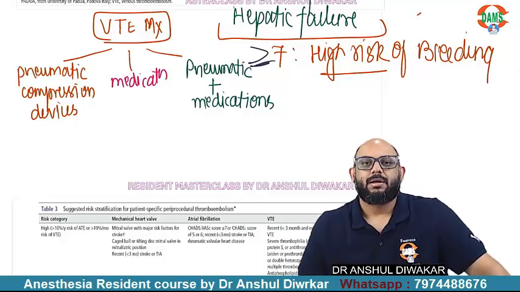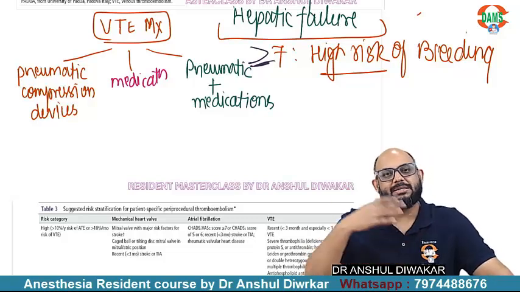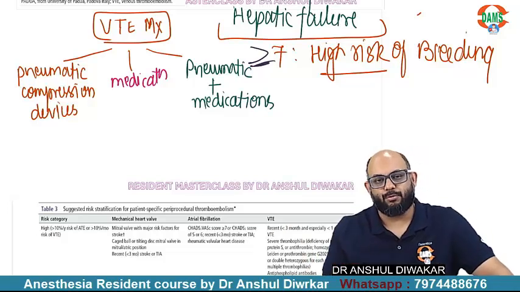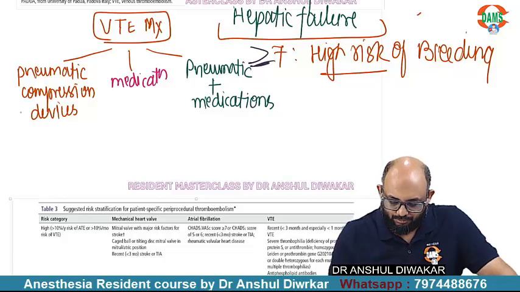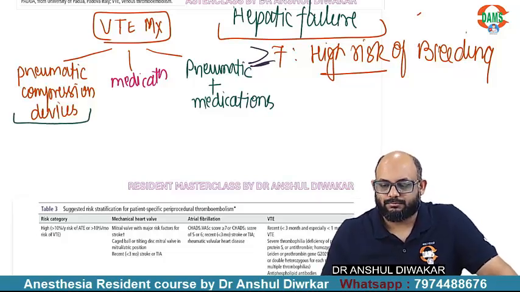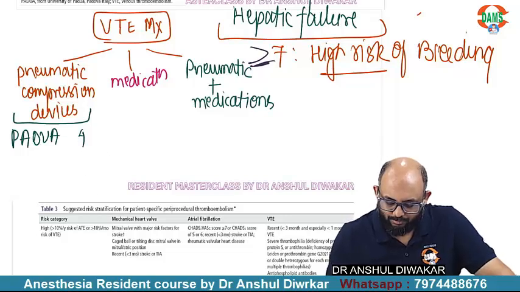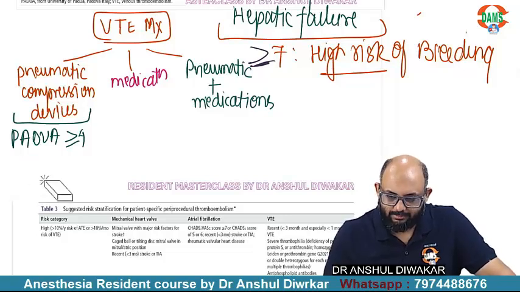So remember, the medication for VTE is anticoagulation, and the side effect of anticoagulation is bleeding. So if you have high risk of bleeding with low risk of thromboembolism, then you will go for pneumatic compression devices. So if you have a Padua score more than or equal to 4, that is not low risk of thromboembolism, that is high risk of thromboembolism, with less risk of bleeding.